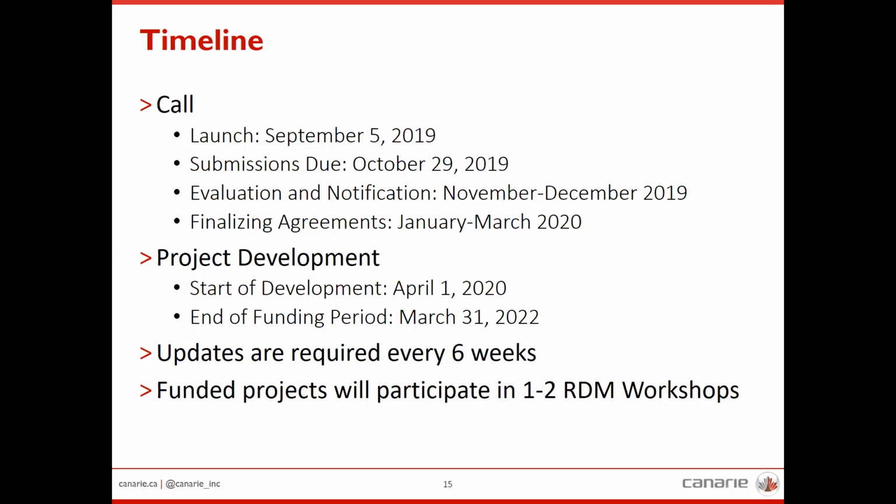There's also a possibility of bringing the projects funded in Call 1 together with people from Call 2, but that is yet to be determined and finalized. Our goal typically is to have that workshop at the same time as the National Data Services Framework Summit. So that's the timeline. Maybe I'll just pause there.